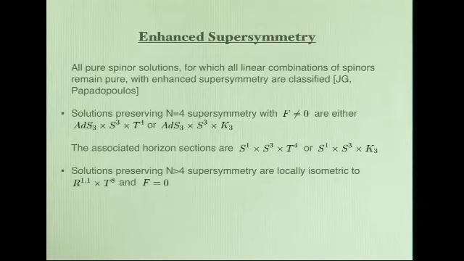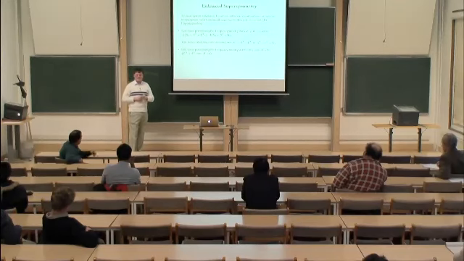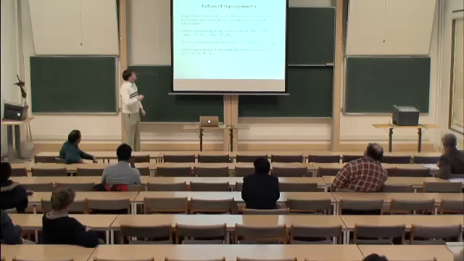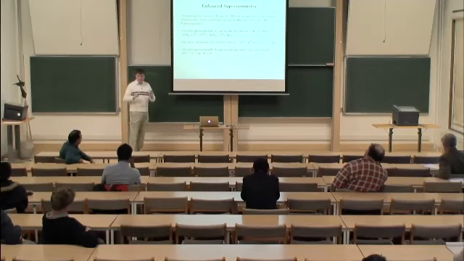Now, I should say this analysis doesn't contain all of the solutions a priori with enhanced supersymmetry, because, as I mentioned before, we've thrown away the generic SU4 cases. So I've deliberately restricted the analysis here to pure spinor solutions for which all the linear combinations of the spinors stay pure.